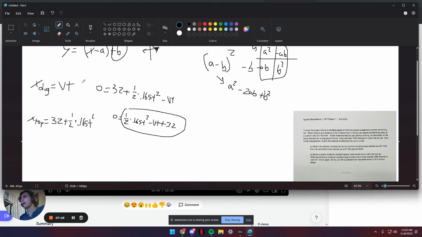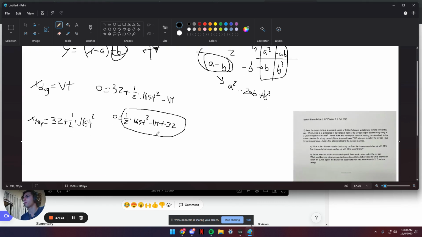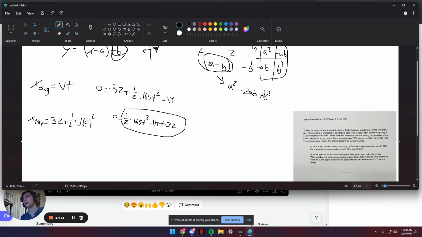So now we would have to work backwards to put this into a form in which there's no b. So we would have to turn this into just an a minus b squared form. How would we do this? Well, we know this first term here, 1/2 times 0.165 t squared, is a squared. So to work backwards to find a, you would find the square root of this first term.